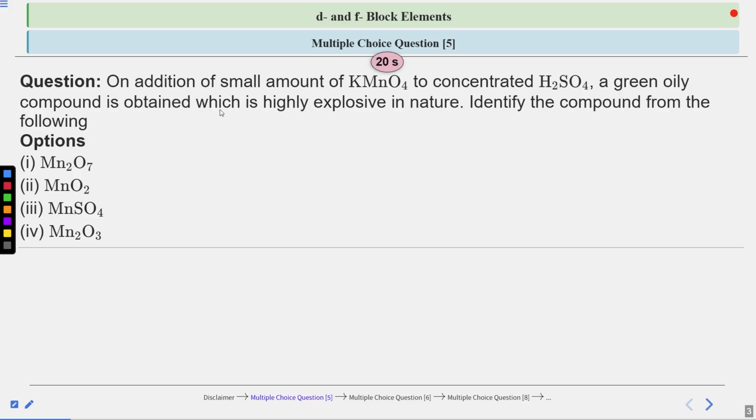Okay, so you are given some time, try to solve this, then we will see which option is our correct answer. Okay, let's see.